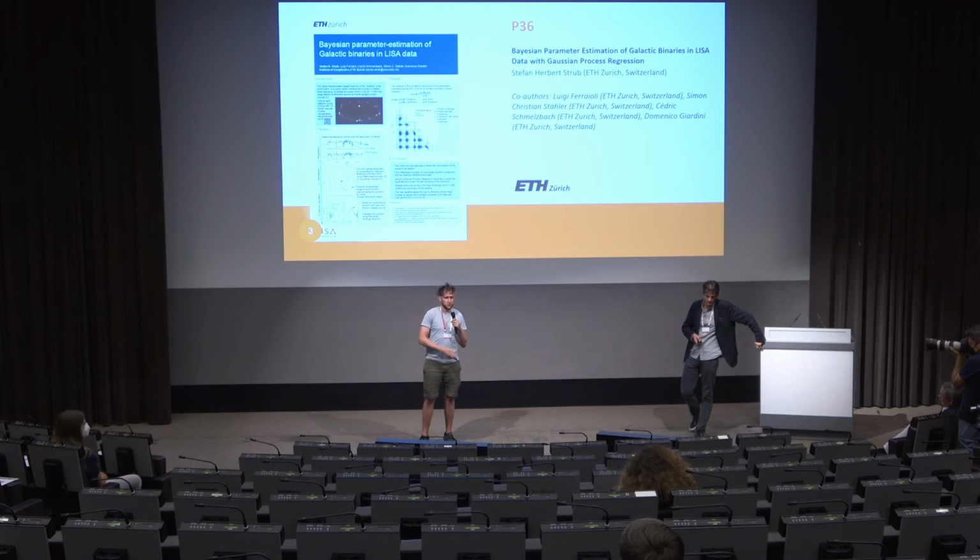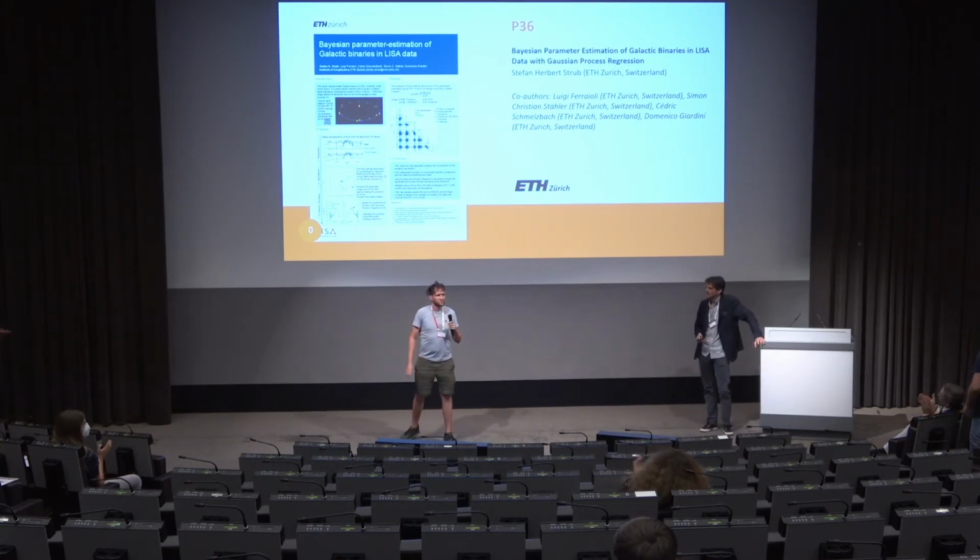And I present you a new technique, Gaussian process regression, with which I can accelerate this parameter estimation by a factor of 1,000. So if you're interested, come by. Thank you.